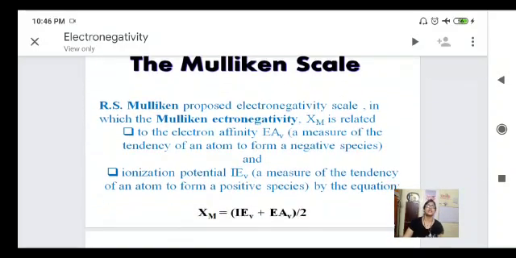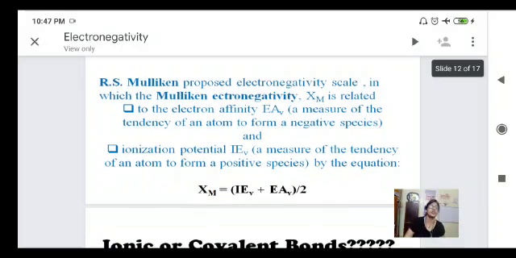Then coming to the Mulliken scale, R.S. Mulliken proposed an electronegativity scale in which the Mulliken electronegativity Xm is calculated from the electron affinity and the ionization potential. We have discussed electron affinity in earlier lectures: it is a measure of the tendency of an atom to form a negative species, and ionization potential is the measure of the tendency of an atom to form a positive species.